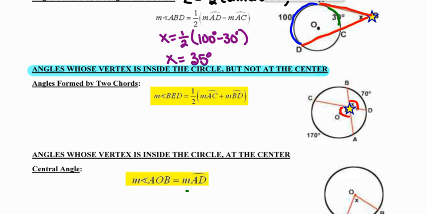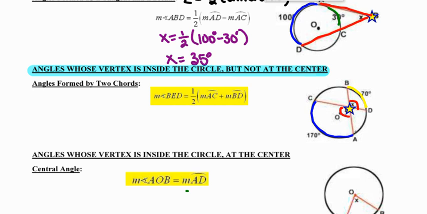We've known this since the beginning of the school year, so nothing new there. But if I look at the arcs, one of the arcs for one of those angles is 70. The arc for the other angle is 170. So even though the angles are equal in measure, their intercepted arcs are not.